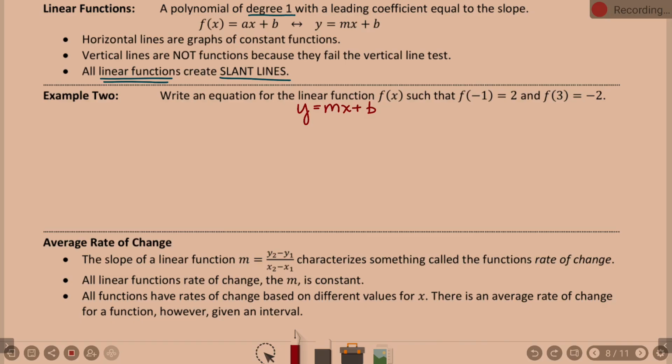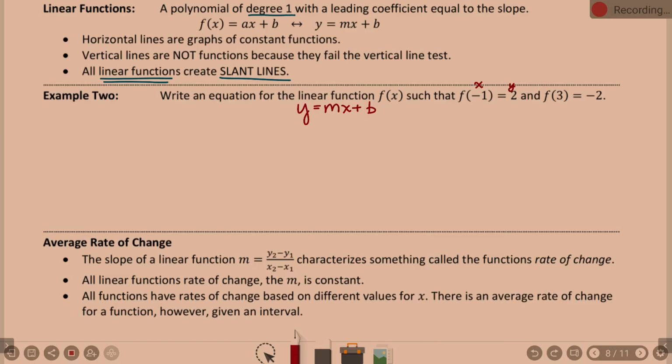Let's look at the confusing stuff over here. f of negative 1 equals 2. Well, this is normally f of what? x. So negative 1 is an x value, and f of x is the same as saying y.